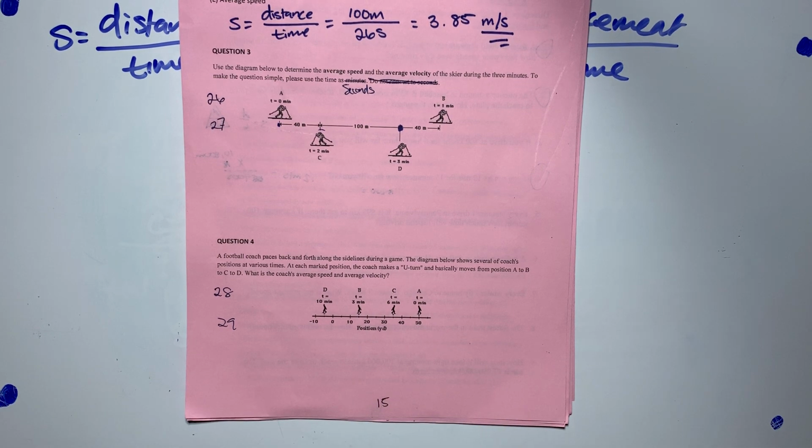A football coach paces back and forth along the sidelines during a game. The diagram below shows several of the coach's positions at various times. At each marked position, the coach makes a U-turn and basically moves from position A to B to C to D. What is the coach's average speed and average velocity?